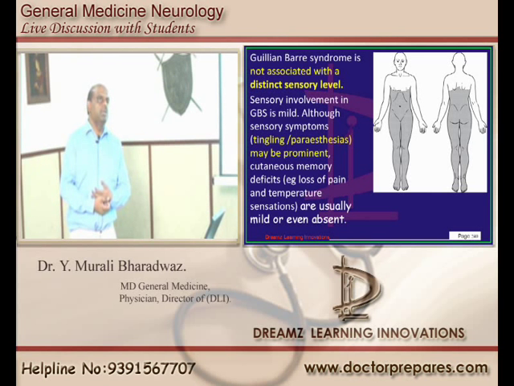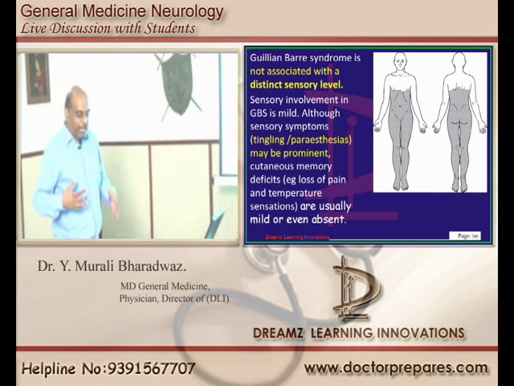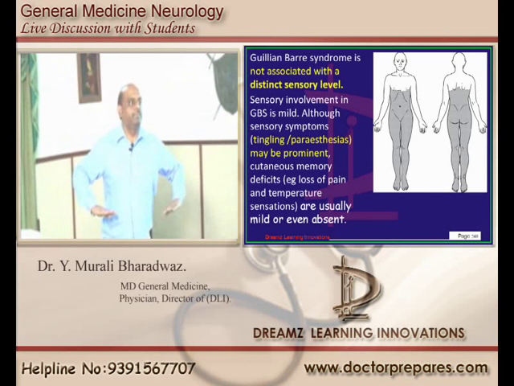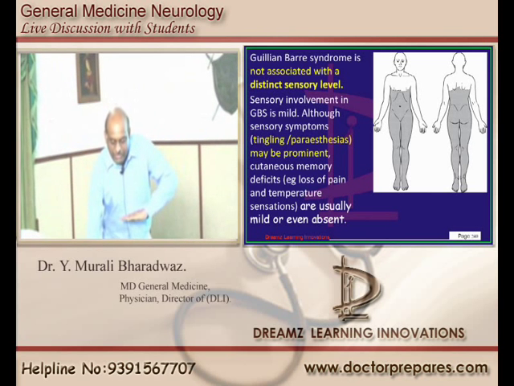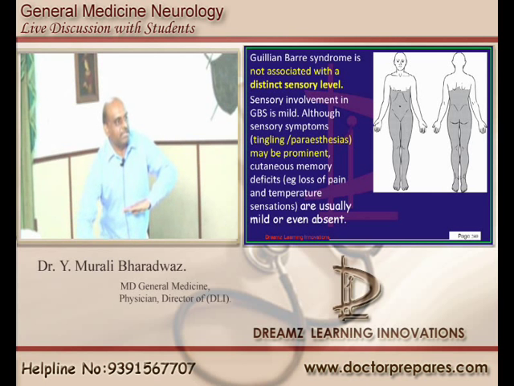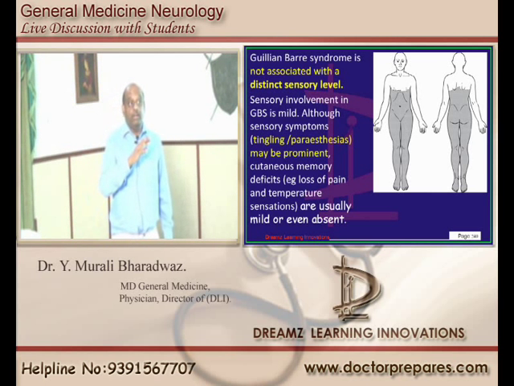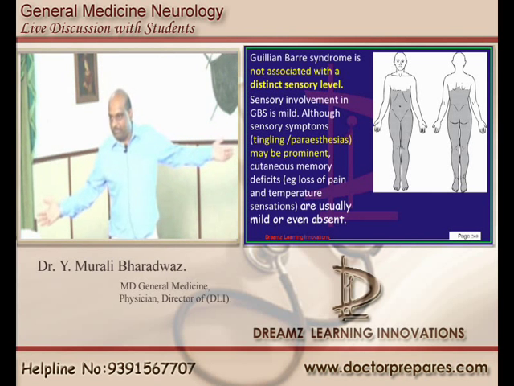Got me? That means there is a definite sensory level. Suppose you are unable to identify at a particular dermatome where pain sensation is present below but absent above, if you are not able to pinpoint, then there is no definite sensory level.